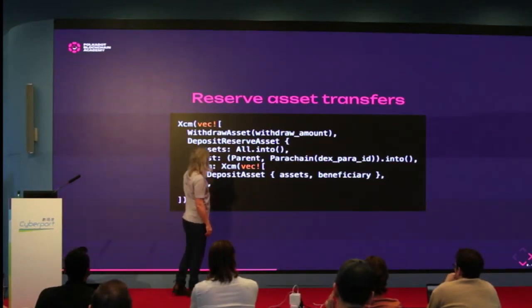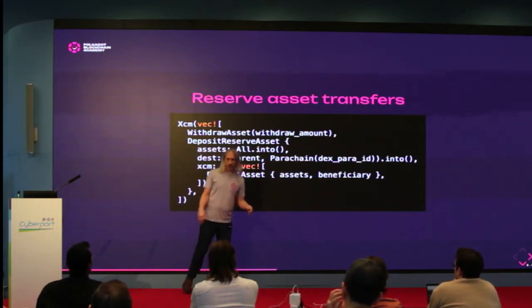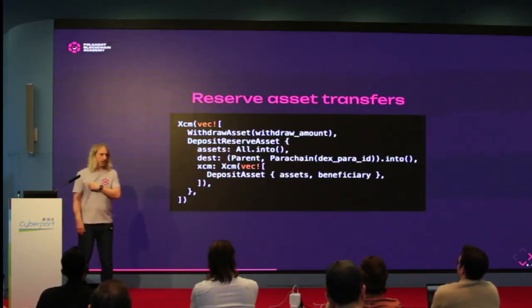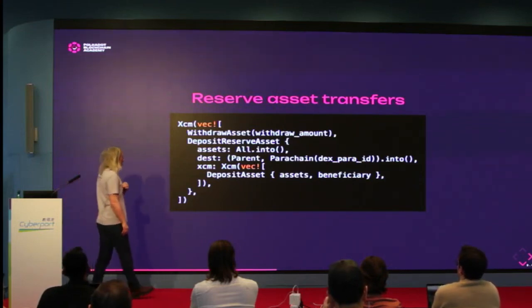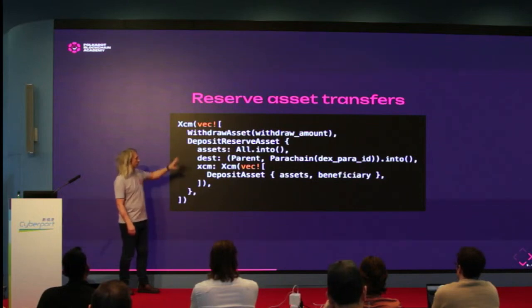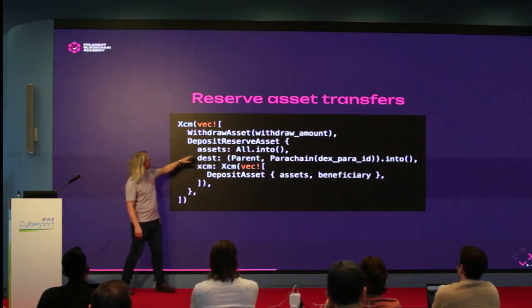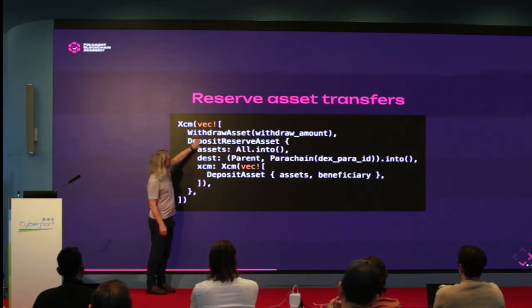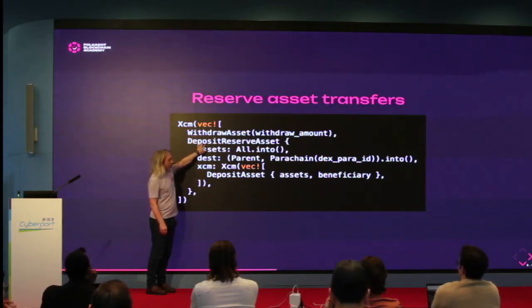We're on the Moonbeam chain. We want to exchange some Glimmer for something else. Well, we are trusted to be that reserve, which means we can withdraw it from an account and then use this deposit reserve asset.